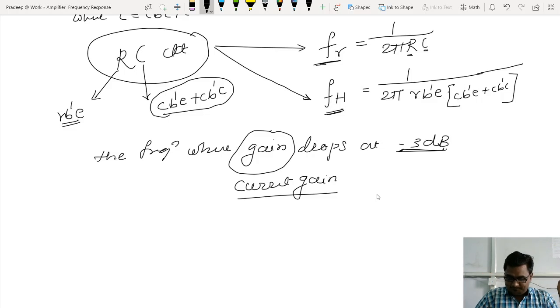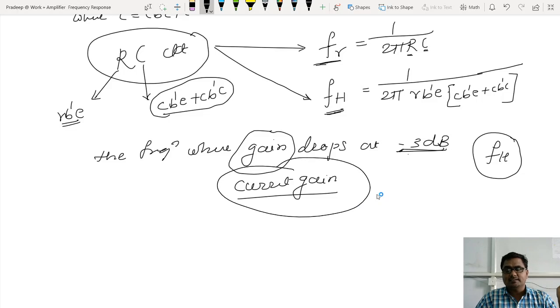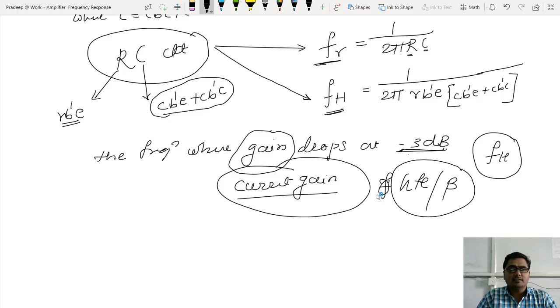So it means the frequency at which current gain drops to minus 3 dB is my higher cutoff frequency FH. What is that current gain? Current gain means HFE, or simply beta. HFE or beta is nothing but a current gain. And we have even derived the equivalent of that.